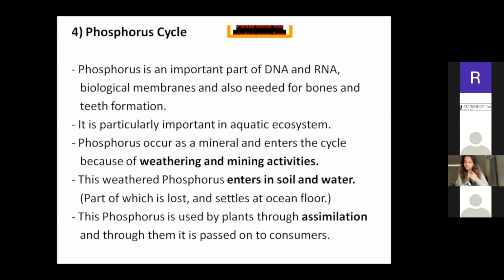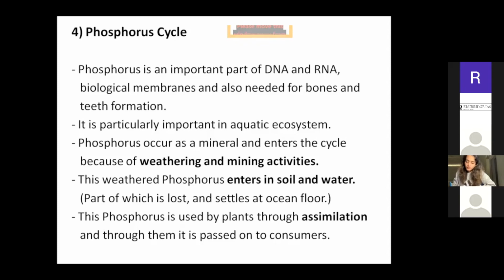Next is the phosphorus cycle. So till now, the cycles that we have discussed, like nitrogen, carbon, or water, are majorly gaseous cycles. But phosphorus is available in the rocks or in the soil, and in order to make that phosphorus from soil or from rocks be used up by organisms, we need the help of weathering activity.